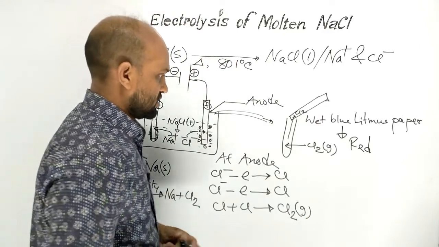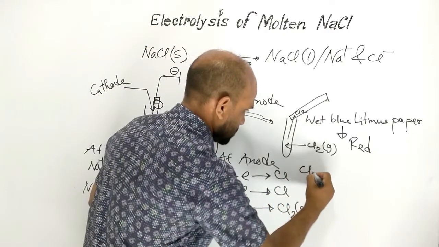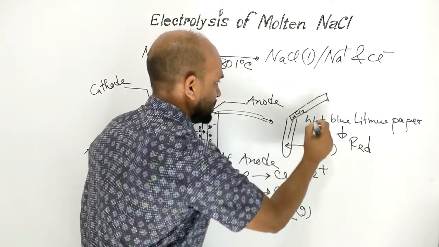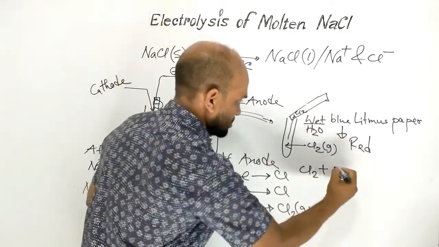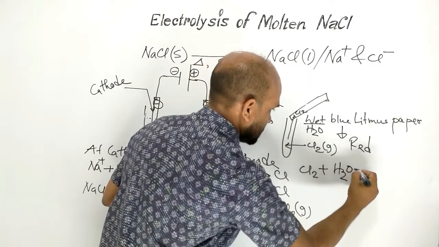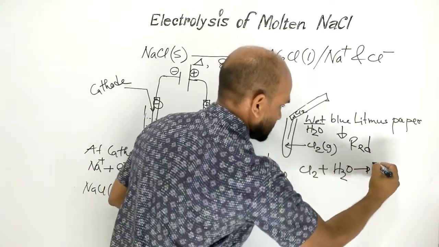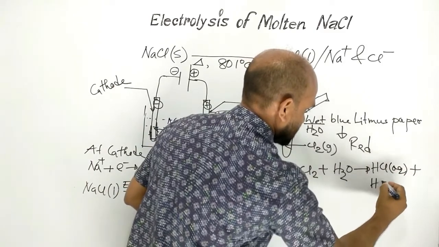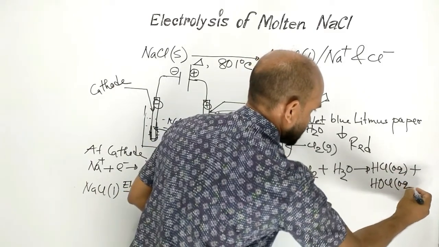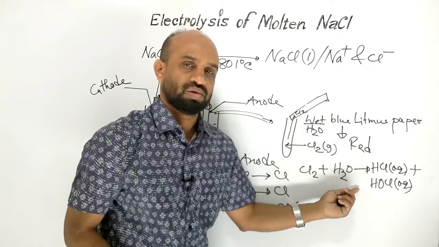The reason is that chlorine reacts with water in the wet litmus paper, and as a result hydrochloric acid and hypochlorous acid are formed.